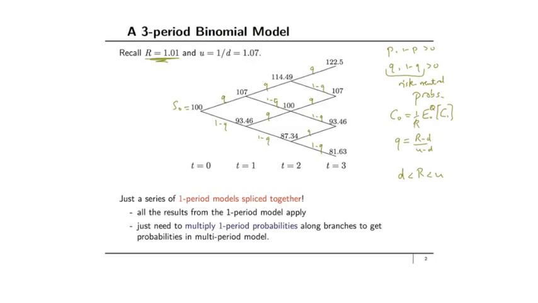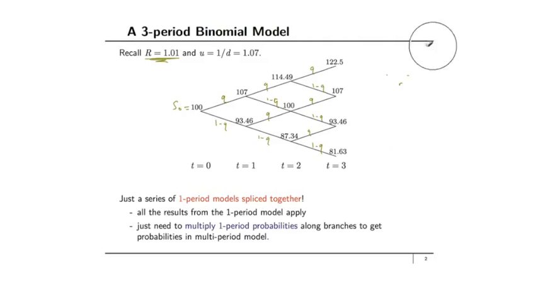Well, let's create some space here and get rid of this stuff. Let's compute the risk-neutral probabilities, let's call them Q, of arriving at each of these terminal security prices.